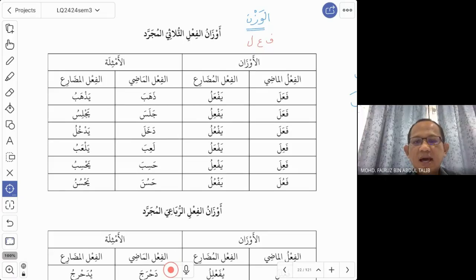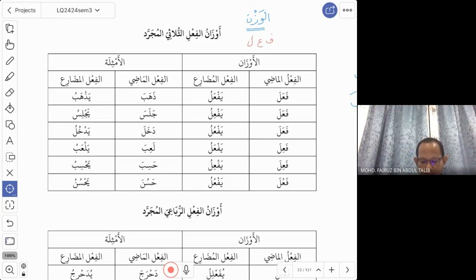When I say ja'ala, what is the wazan? Fa'ala as well. See? Every time, we use this fa, ain, lam as the wazan to know the pattern of the fi'il. Good. Now, when I say yaqra'u, can you guess what is the wazan? Yaf'alu.